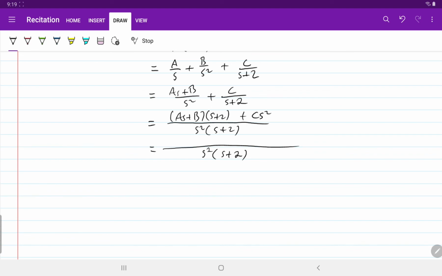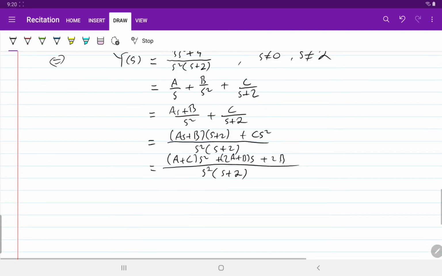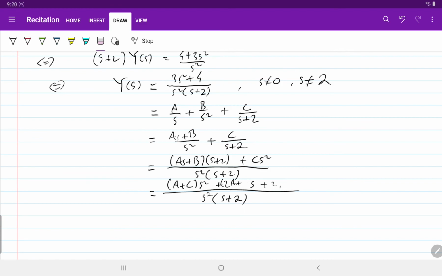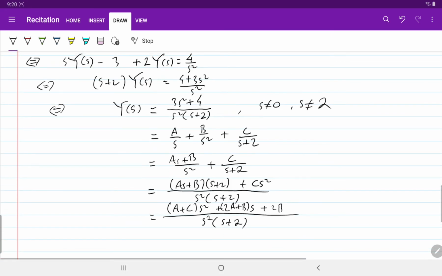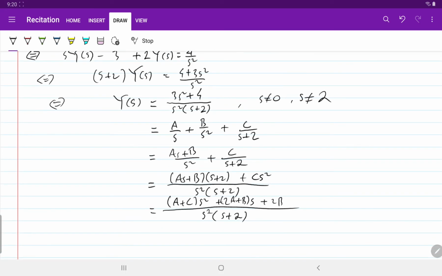For the numerator, you can work this out, and it equals a plus c times s squared plus 2a plus b times s plus 2b. Okay, you can compare this Y of s here and Y of s over here.